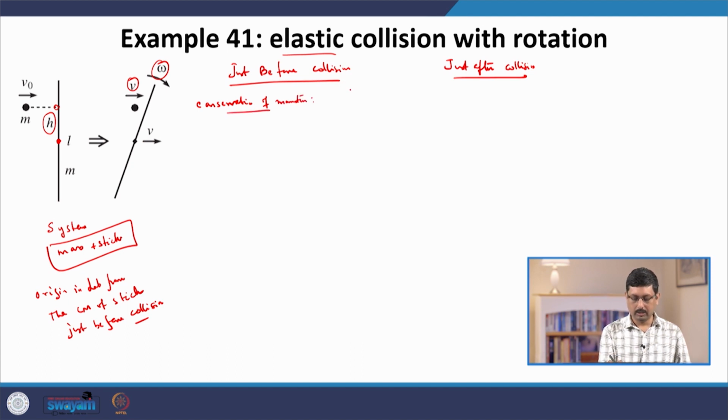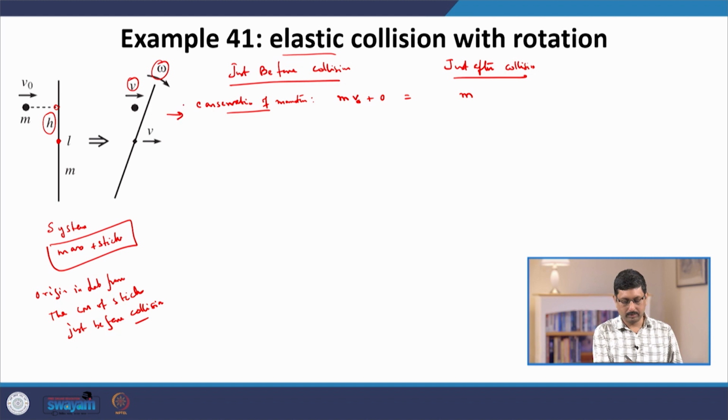Just before the collision, if I apply conservation of momentum, the momentum of the system is m v naught plus 0, because the stick is at rest and the mass is moving with a velocity v naught. After the collision, both start to move, the stick in the x direction.